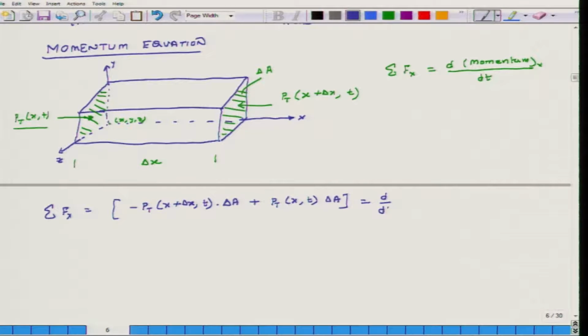So, I say d over dt, and momentum is mass times velocity. So, the mass of the system is density of the body rho(t) times volume of the body, which is delta A times delta x, and times its velocity, and velocity is u(x,t).